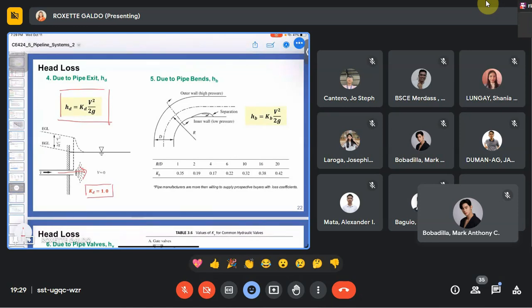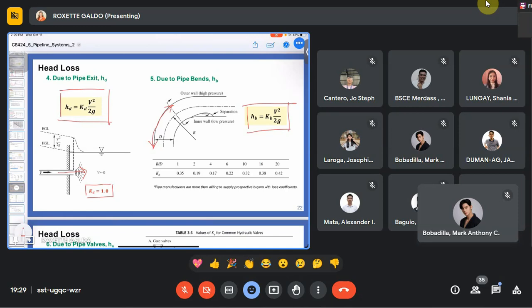And also, if ang tubig, ang connection sa pipe ni agi siya bends like this one, okay, there is also head loss in that. Okay. And the head loss due to bend or pipe bends is denoted by H sub B. Then equation niya kay kani. Same lang. KB V squared over 2G.